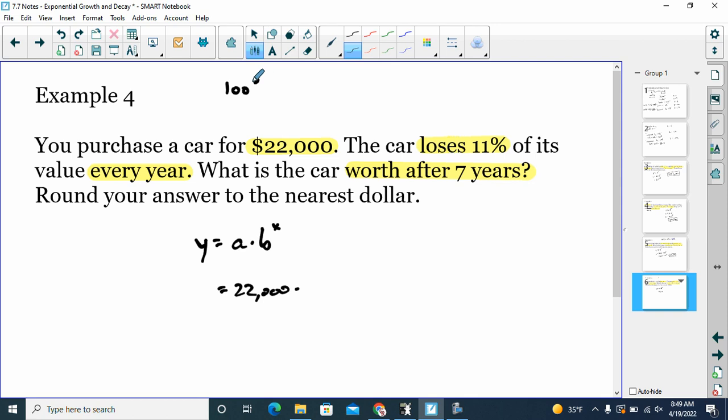It starts with 100% and it's losing 11%. 100 minus 11 is 89. We should be keeping 89% of its value every year. Decimal points right there. Move it 2 places to the left. We get 0.89.